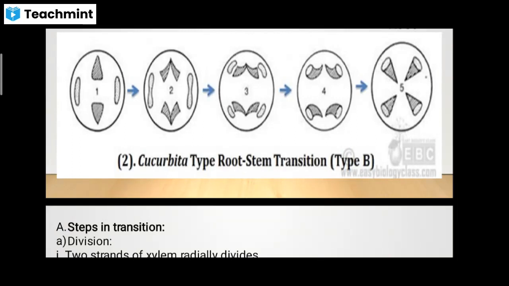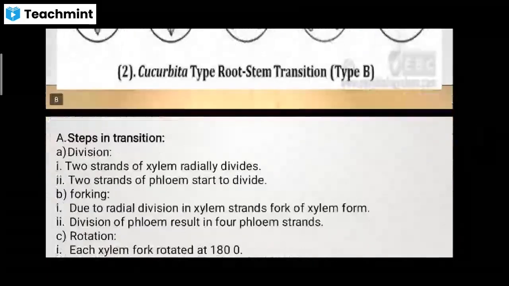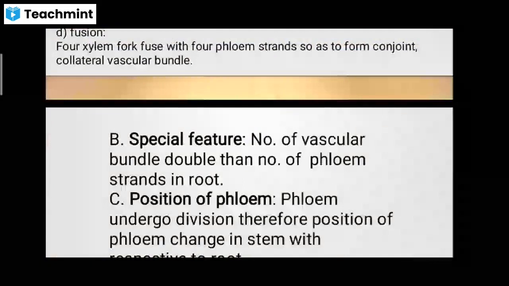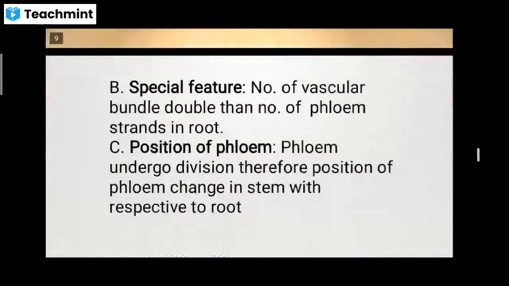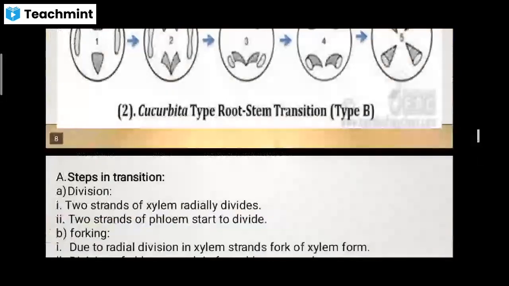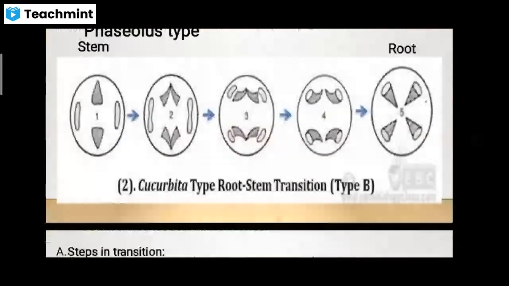So in this way, in the cucurbita type, the radial arrangement of the vascular bundle is converted into the conjoint collateral type of vascular bundles. So, what is the special feature of this cucurbita type? Here the number of vascular bundles is double the number of phloem strands in the root. In the root there are only two strands of phloem.